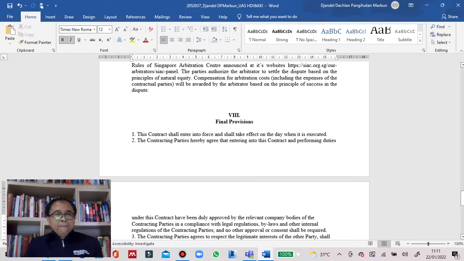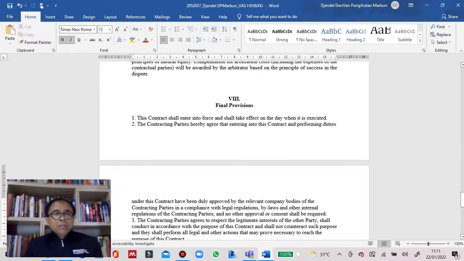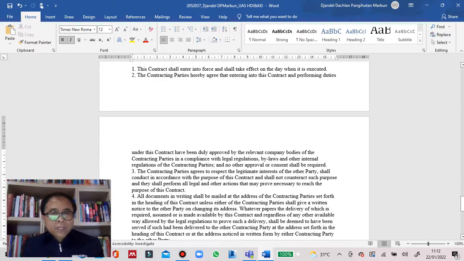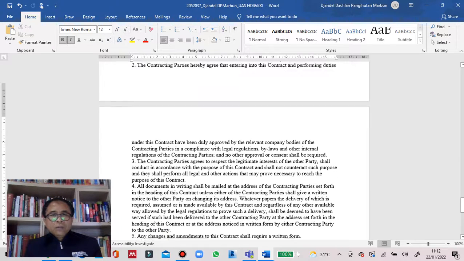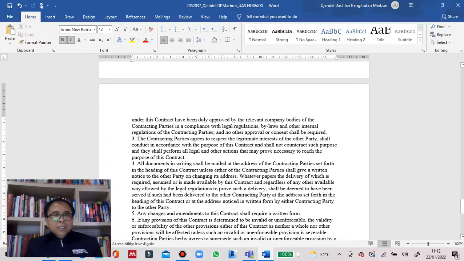Final provisions. 1. This contract shall enter into force and shall take effect on the day when it is executed. 2. The contracting parties hereby agree that entering into this contract and performing duties under the contract have been duly approved by the relevant company bodies of the contracting parties in compliance with legal regulations, bylaws, and other internal regulations of the contracting parties, and no other approval or consent shall be required. 3.